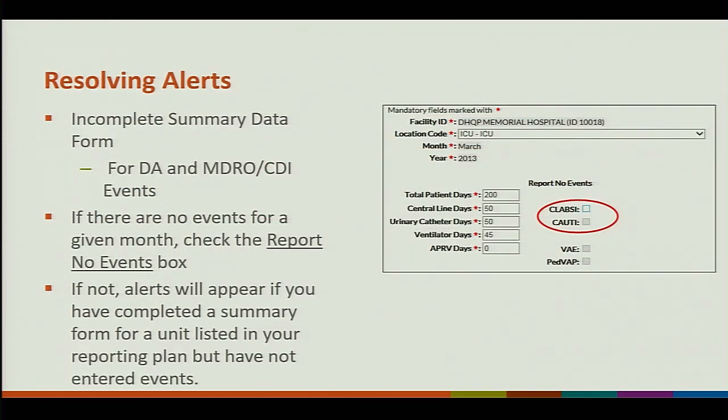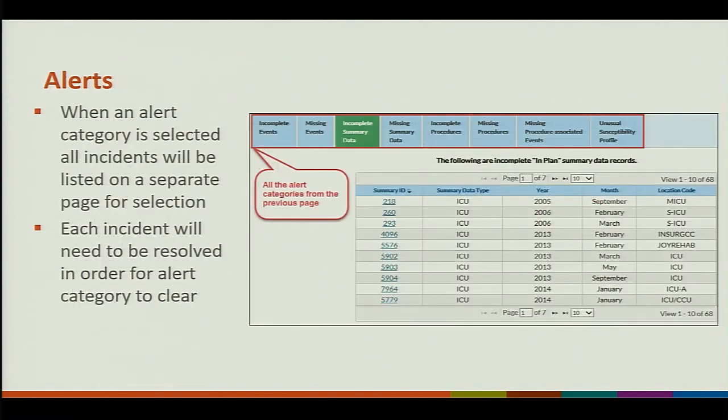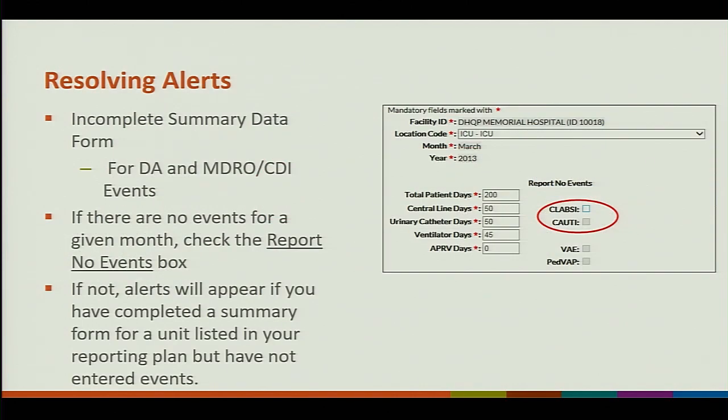Resolving alerts. If you click on one of the items from this line list, it's going to bring you to a page like this. If there is an incomplete summary data form, you'll notice there's an open box here for CLABSI, report no events. When you completed your summary reporting plan in the first case, you did not select this box, maybe because you thought there was, or could still be, an event for the summary report that wasn't reported yet.